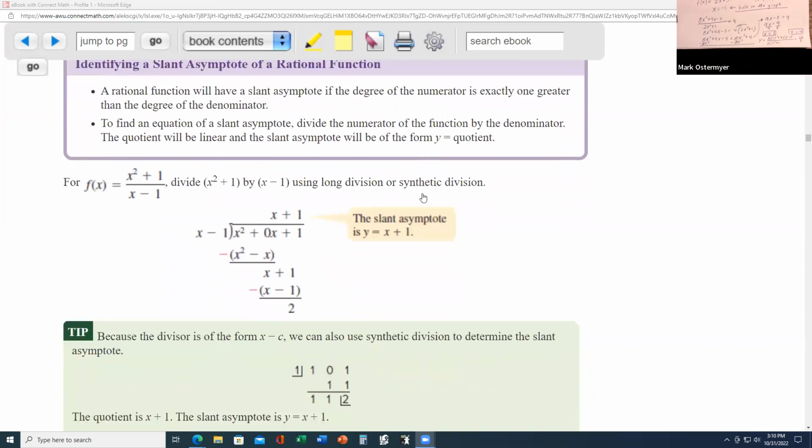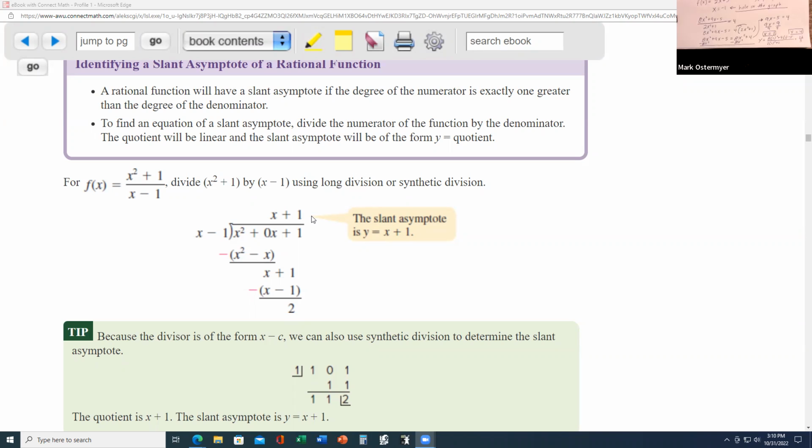Now, your author has illustrated it being done two ways. First, long polynomial division, where they divided x minus 1 into x squared plus 1. And notice they did get a remainder of 2 after performing that long division. But ladies and gentlemen, the remainder does not play into the equation of a slant asymptote.